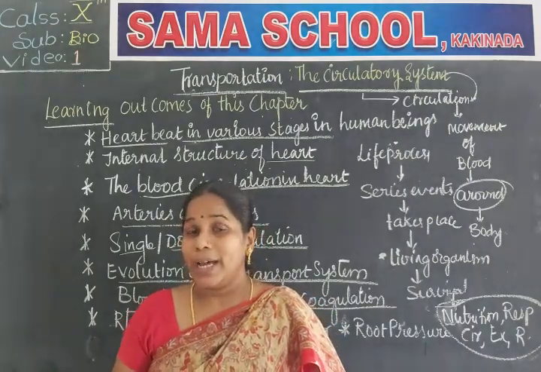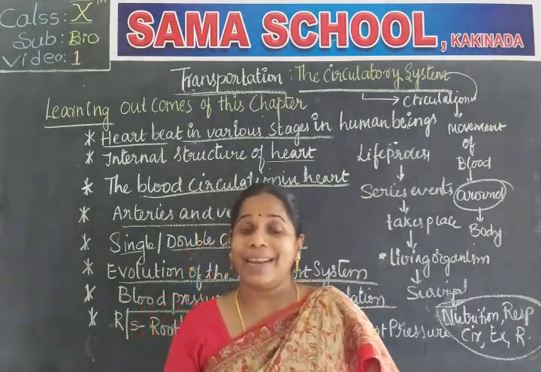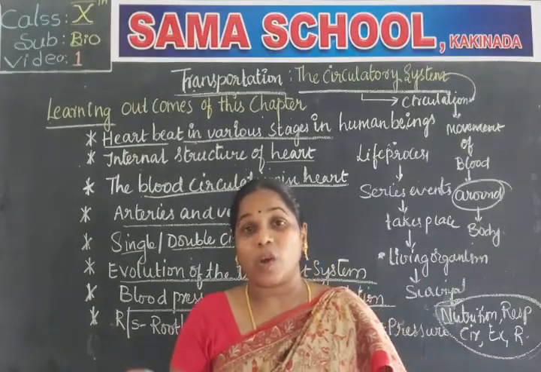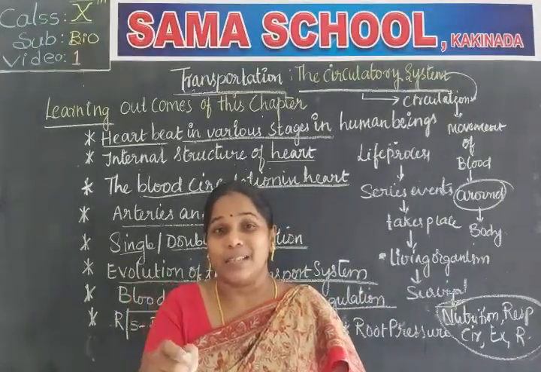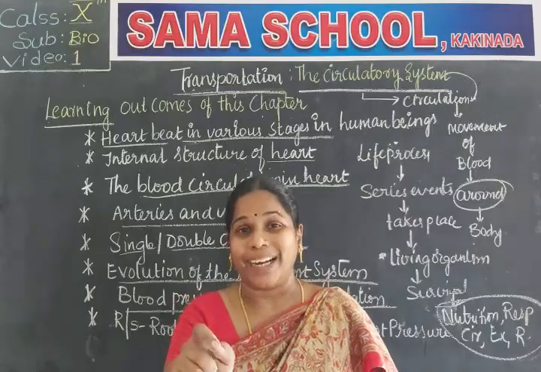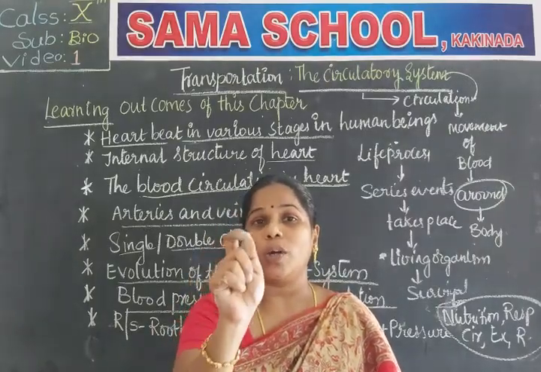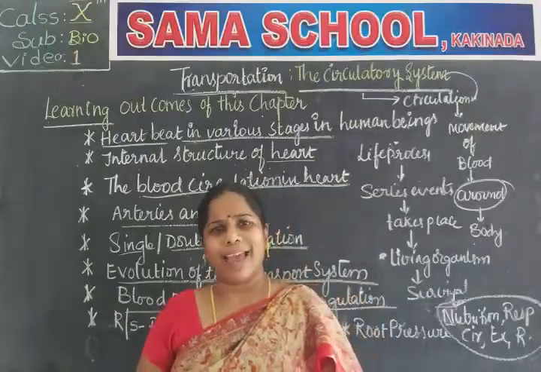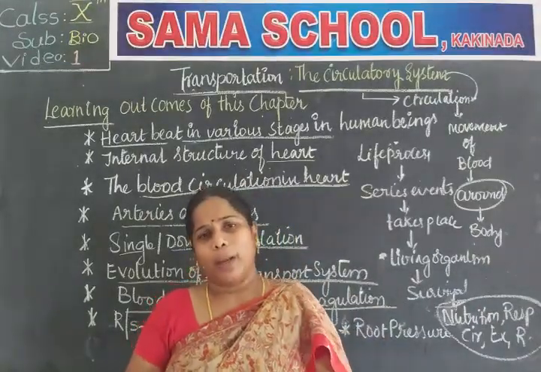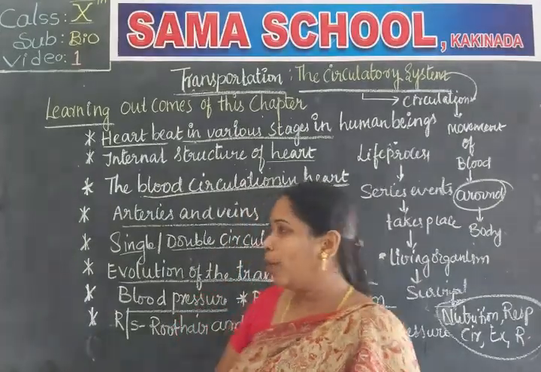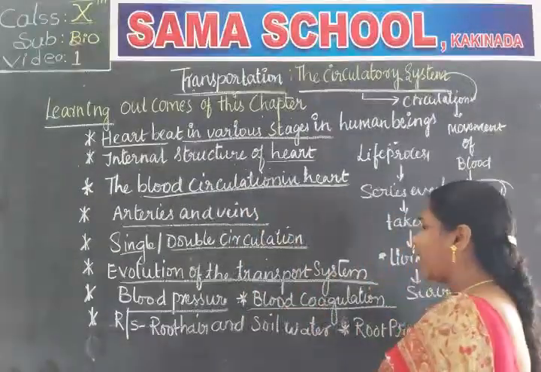That means internally some mechanism is going on that clots, that seals the complete cut and stops the blood from coming out. So what is the mechanism? In what way will the blood clot? We are going to see in blood coagulation.